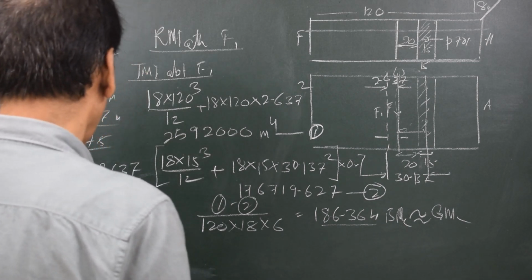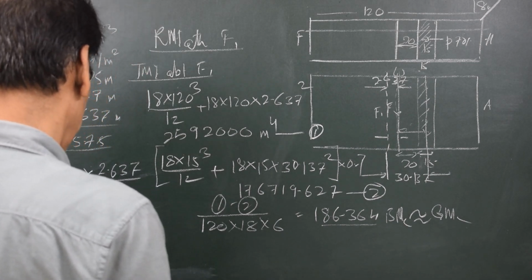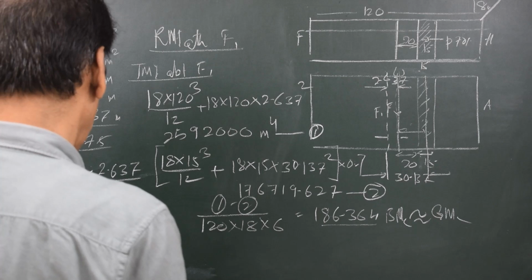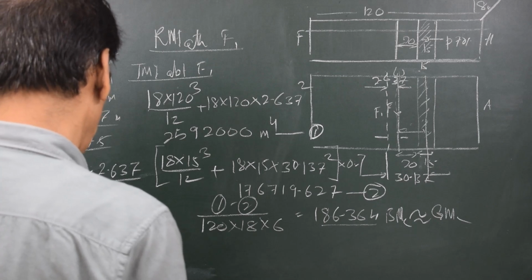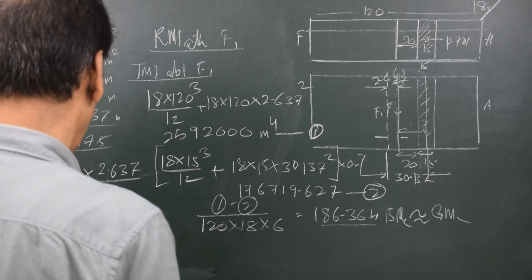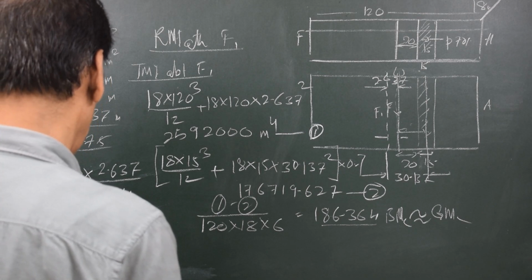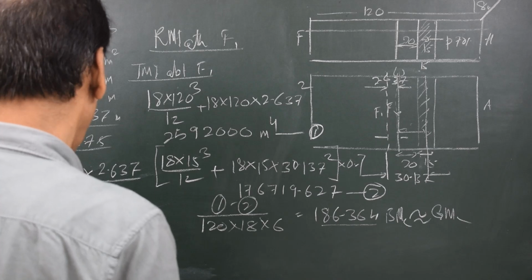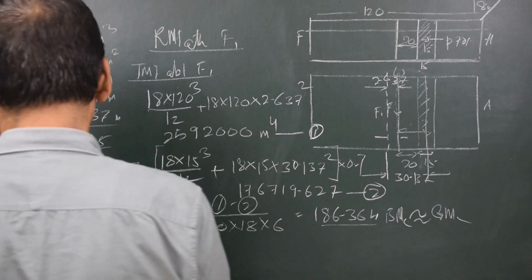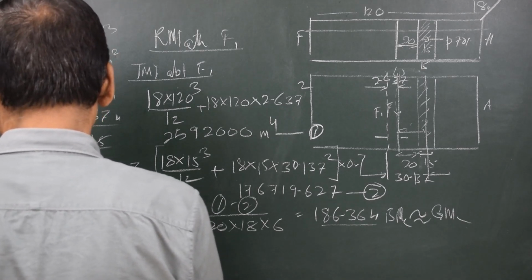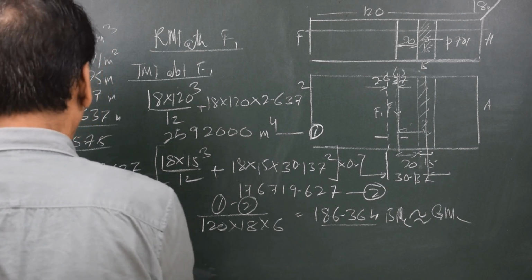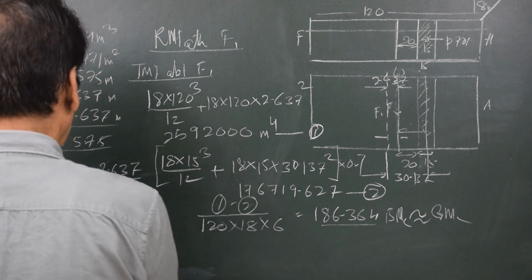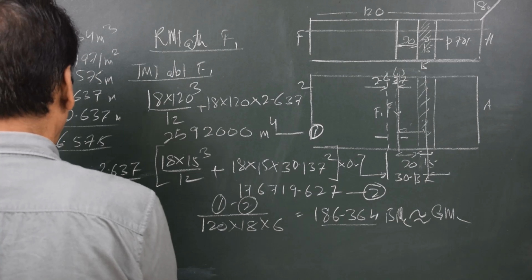So 120 into 2.637 divided by 186.364 gives me 1.697, so 1.698 is the trim change.